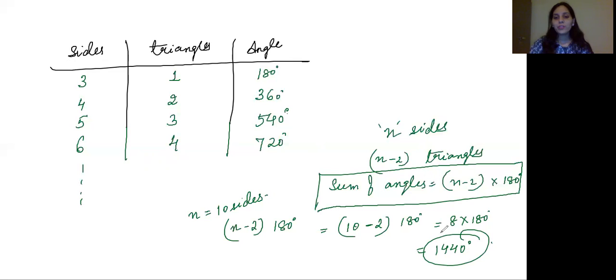So this is how you can easily find out that the sum of all the angles in any polygon, with any number of sides, is always equal to n minus 2 into 180.